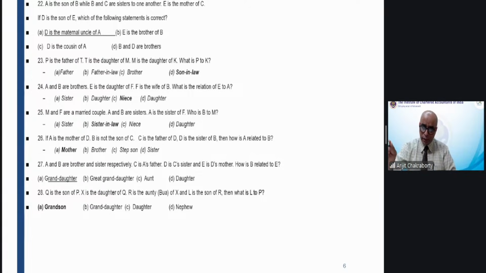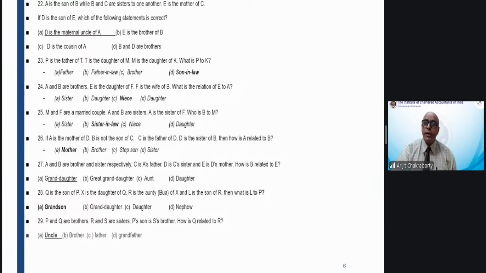Below P are Q and R. Q has a daughter X and R has a son L. So what is the relationship between L and P? It is L's mother's parent. Only one option fits all the conditions given: grandson, because we know L is male. It cannot be granddaughter because it is clearly said L is the son of R. So L is male, and therefore option A is the right answer.